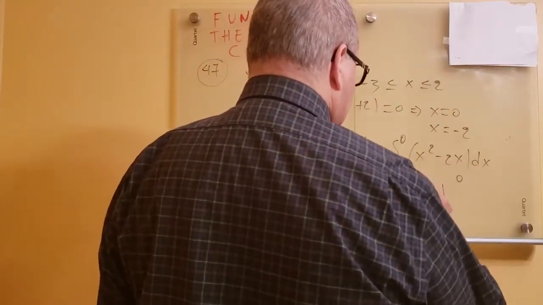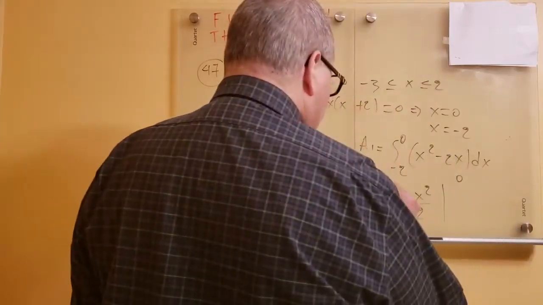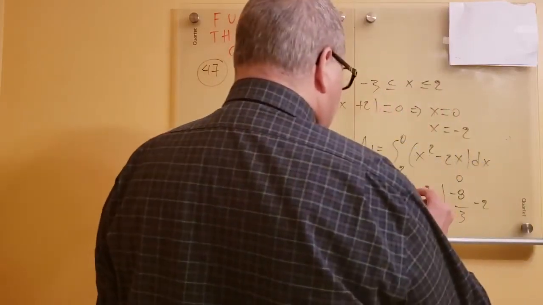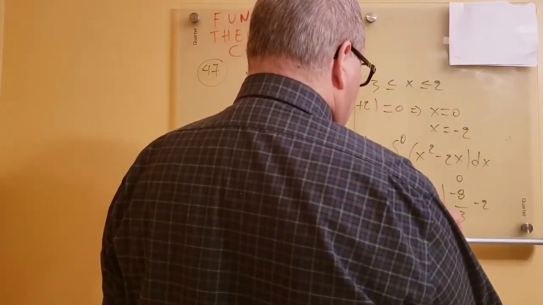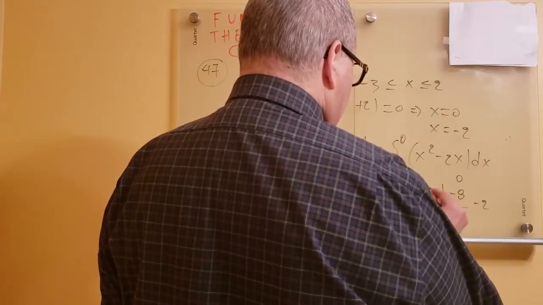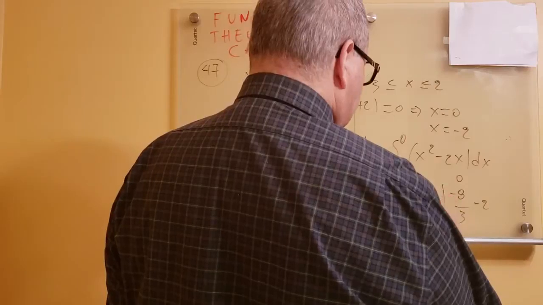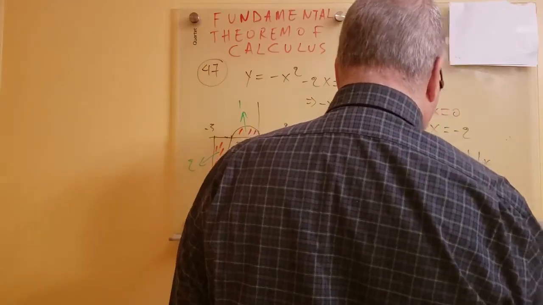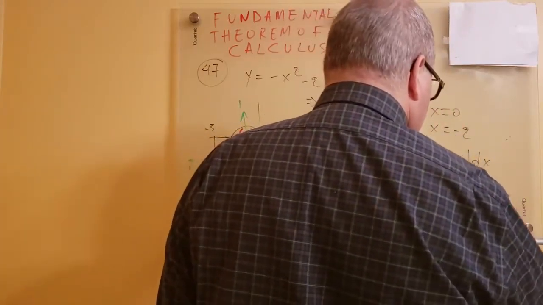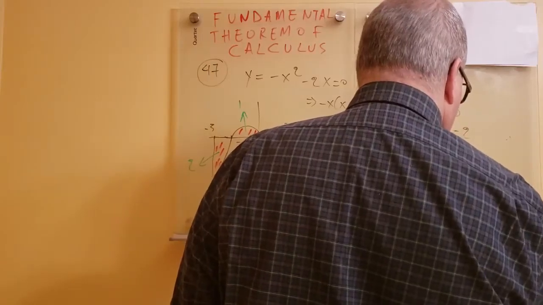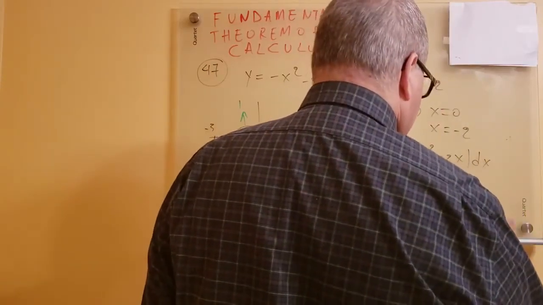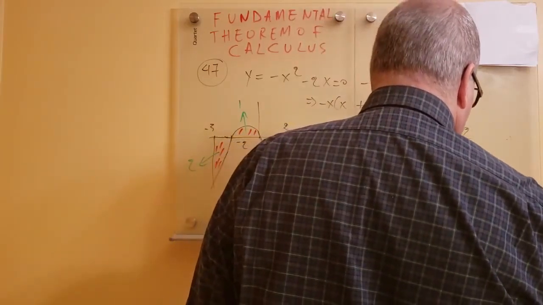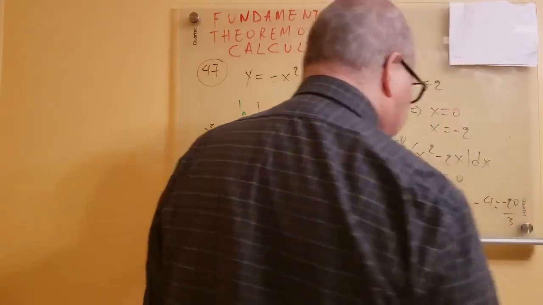And then if you evaluate it at -2, it should give you -2 to the third is -8 over 3, minus 2 squared, that's 4 times the -2, which gives us -8 over 2, so that's actually -4. If you put everything under the same denominator, it should be -8 minus 12, it's -20 over 3.